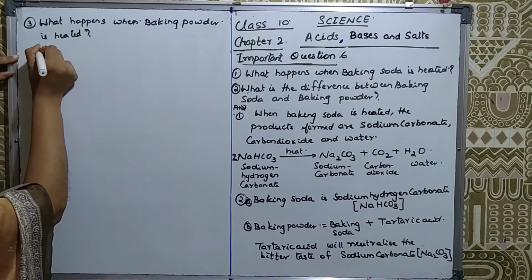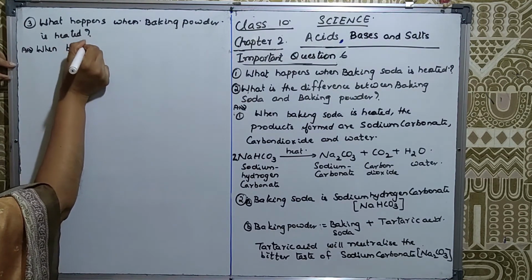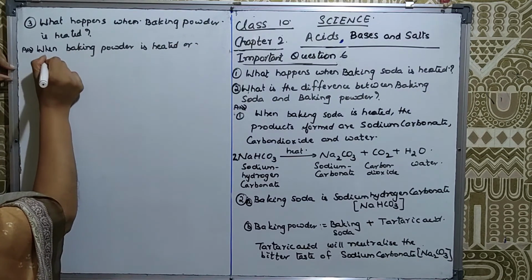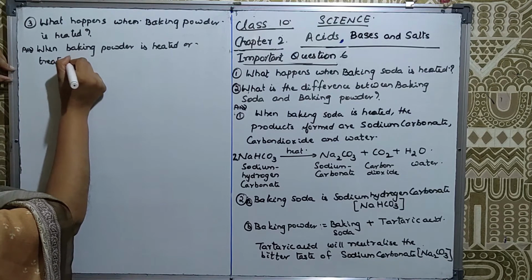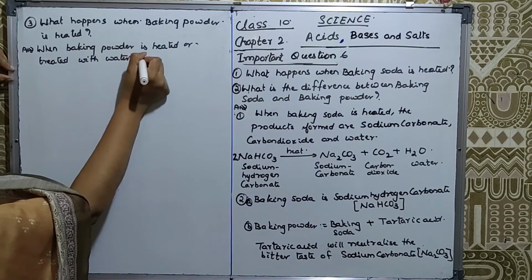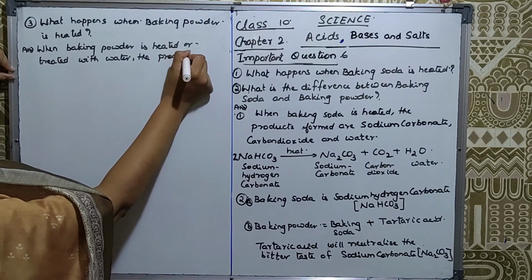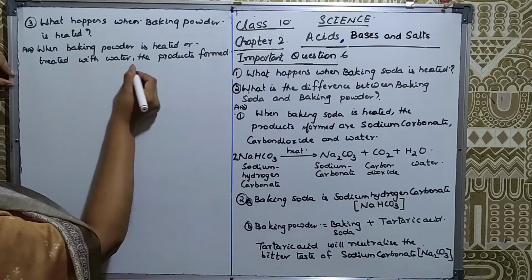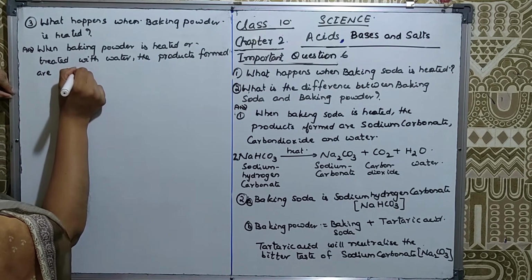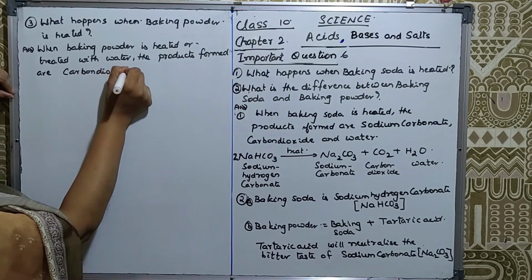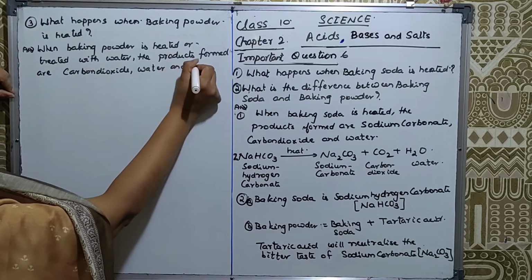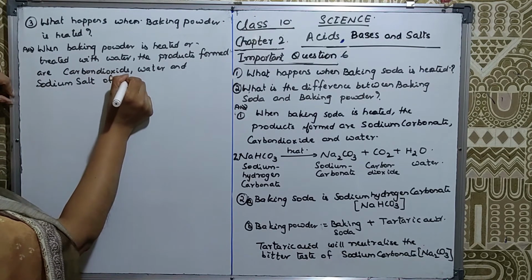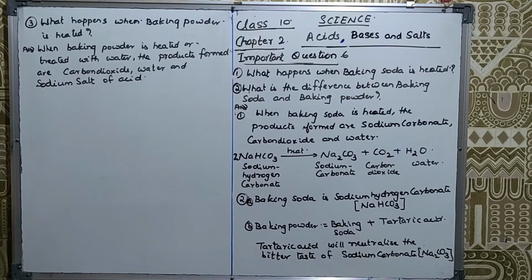So when baking powder is heated or treated with water, the products formed are carbon dioxide, water and sodium salt of acid.